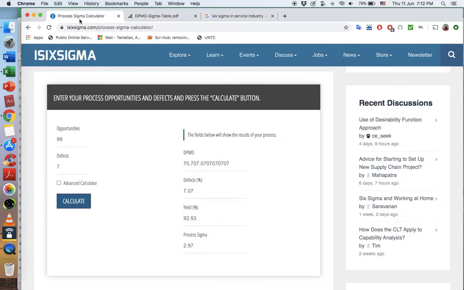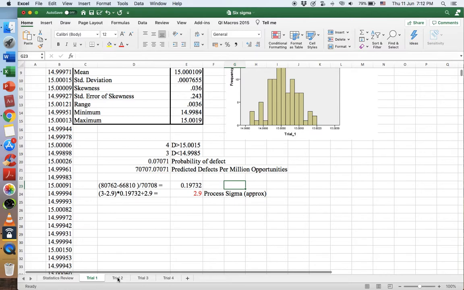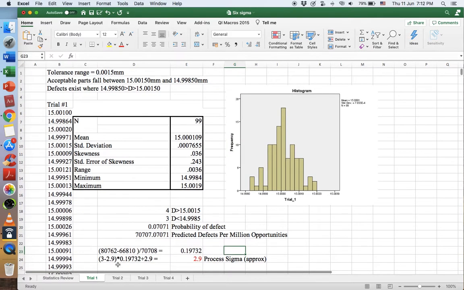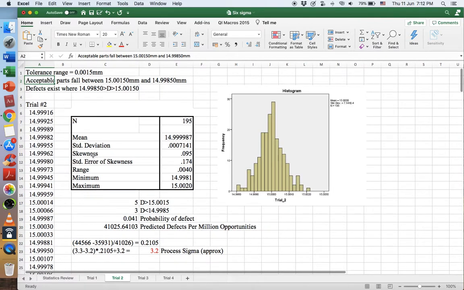Well, we've also got technology here, and so we had 99 cases, 7 defects, and 2.97. Again, rough estimate, 2.9. That's our process sigma. We are not close to achieving Six Sigma processes, so we're not getting certified. So we go back, we test our sensors, we recalibrate, right, and then we do another trial.